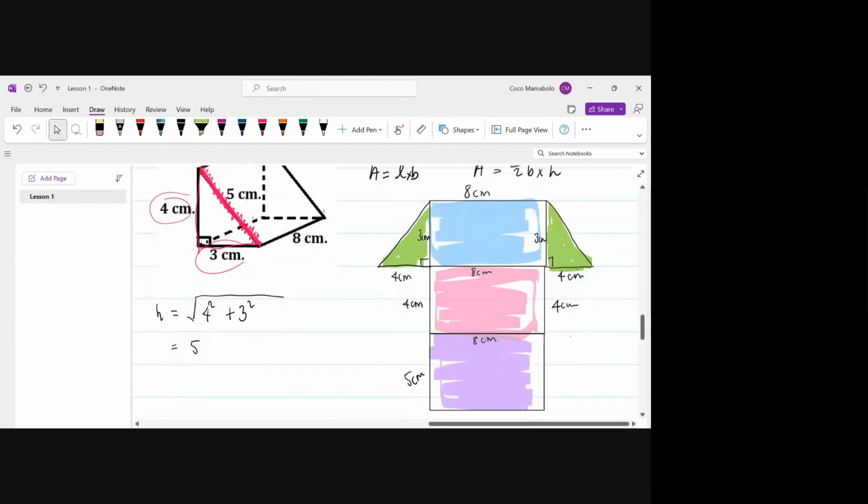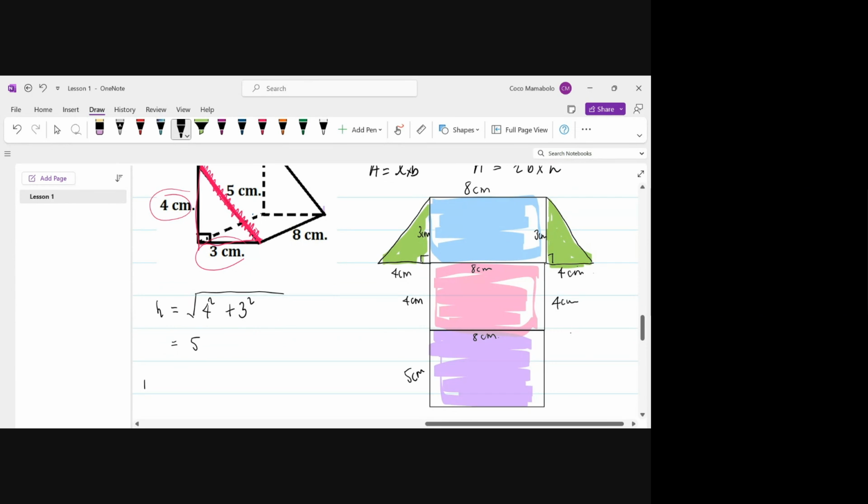All right, so let's look at TSA, the total surface area. So we're going to go total surface area equals. Let's start with the triangles because they're easiest. So we will go half of my base, which is 4, times my perpendicular height, which is 3. And we're going to multiply that by 2 because there's 2 of them.